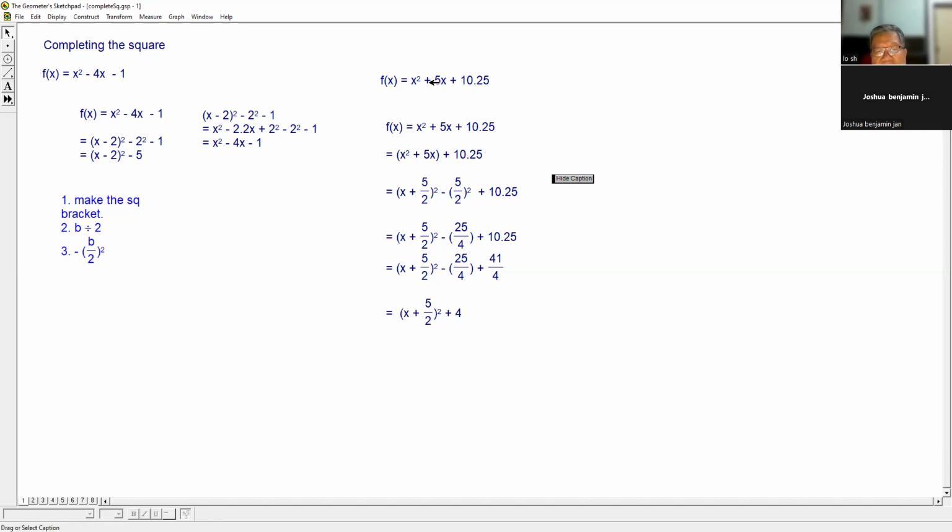When you have positive 5, what is inside the bracket is positive 5 over 2. Negative 4 becomes negative 2, positive 5 becomes positive 5 over 2. So the sign follows. If negative, inside the bracket is negative. If positive, inside the bracket will also be positive. That is the first difference.